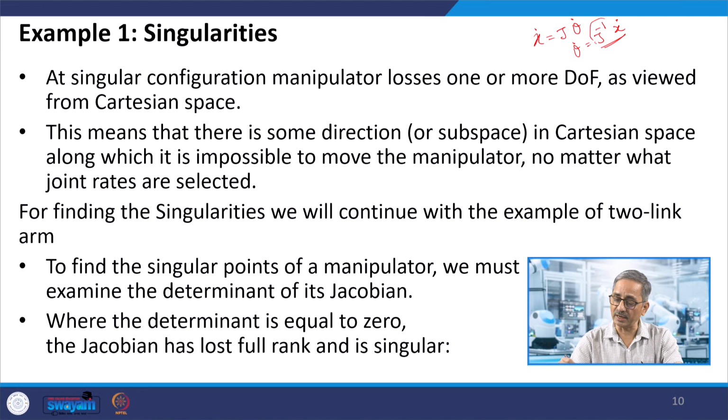So, the question was, what if I am not able to find this J inverse? To find the singular point in a manipulator, we must examine the determinant of the Jacobian, because in the inverse we have the determinant terms coming in that evaluation. Now, where the determinant is equal to 0, the Jacobian has lost full rank and is singular.